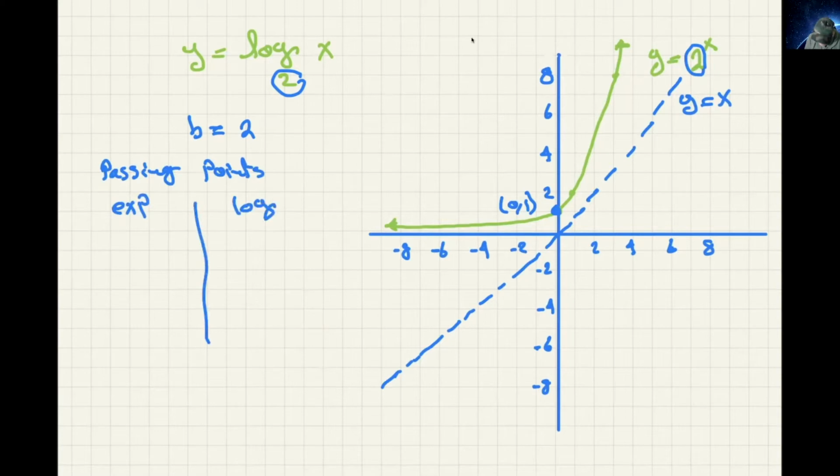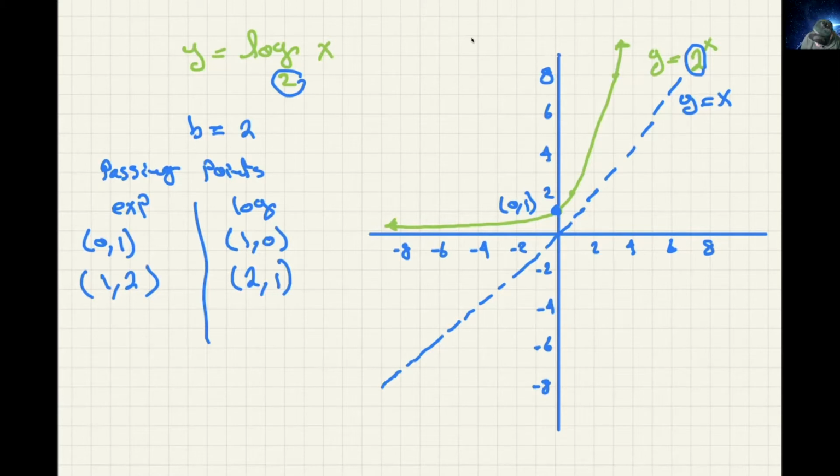For the exponential, I have 0 and 1, so for the log, that becomes 1 and 0. And for the exponential, I have the point 1 and b, which is 2 here, and for the log, that becomes 2 and 1.